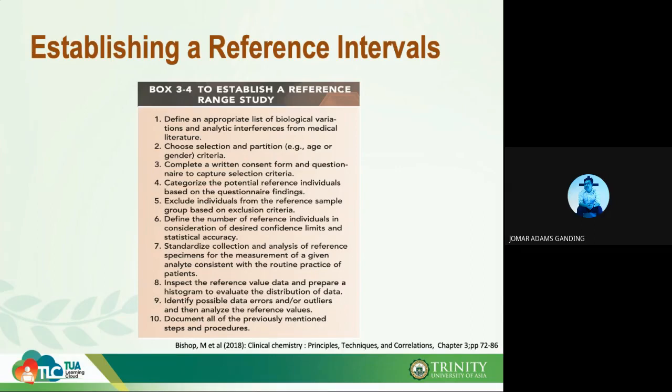Why? Because we live in a different region. There are different environmental factors that might affect it. At the same time, your age, your gender, and even your ethnicity, your race, would affect your reference interval.